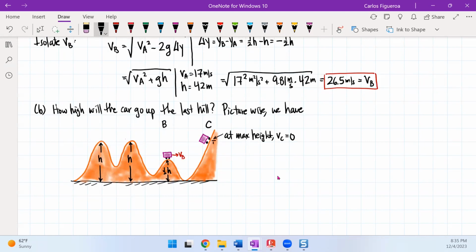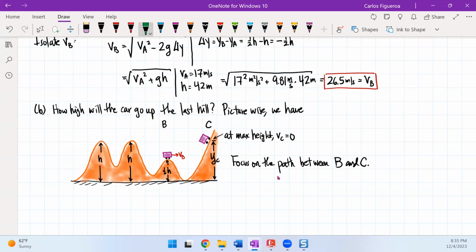So if that's the case, I'm going to define this as YC. That's going to be the final height. And so I'm going to look at the path between B and C. Again, we've already talked about that the normal force does 0 work, but the work of gravity does do work.